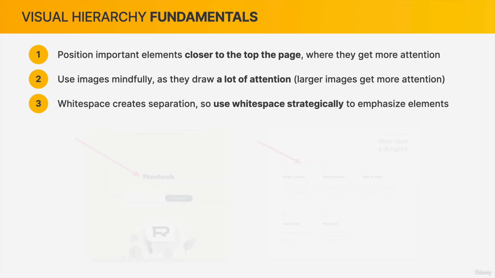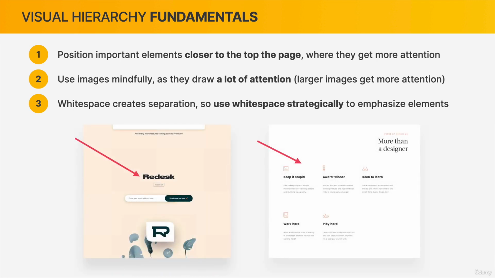So for example, in these two designs, they have a lot of whitespace around the most important part of the page. On the left especially, there is a ton of whitespace around this sign up form, while on the right side, there is a huge amount of whitespace between the two rows and also around these 5 feature blocks.